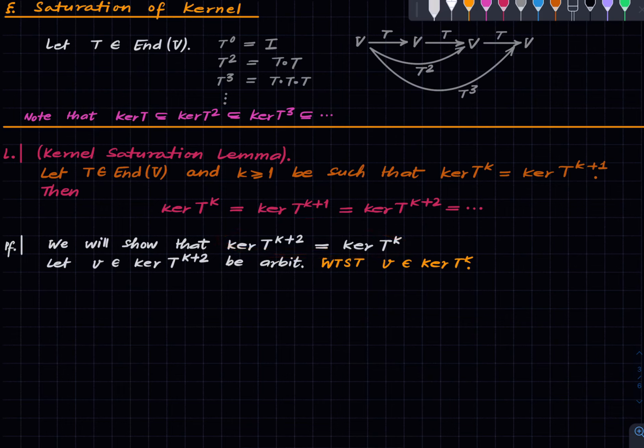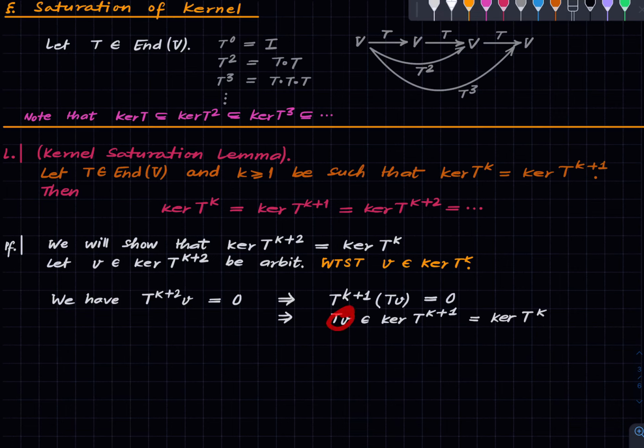All right, so what we have is, this is 0 simply because v is in the kernel of T to the k plus 2, which implies that therefore Tv is in the kernel of T to the k plus 1. But kernel of T to the k plus 1 is kernel of T to the k by hypothesis.